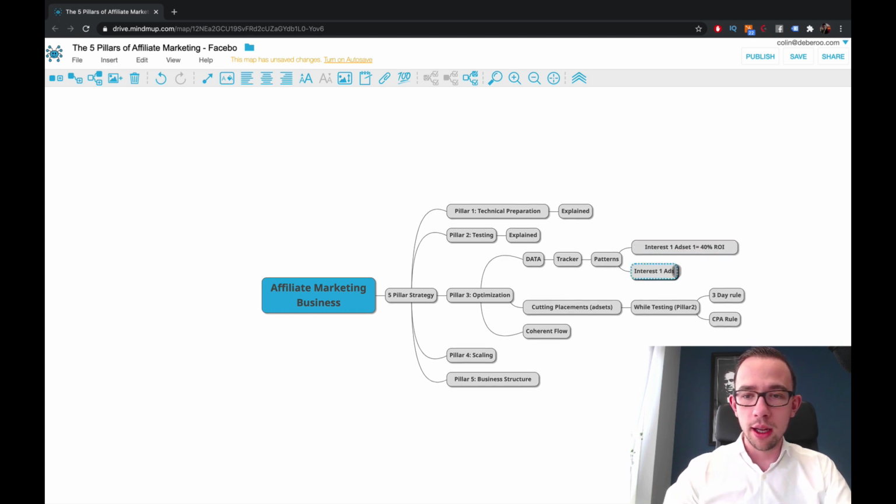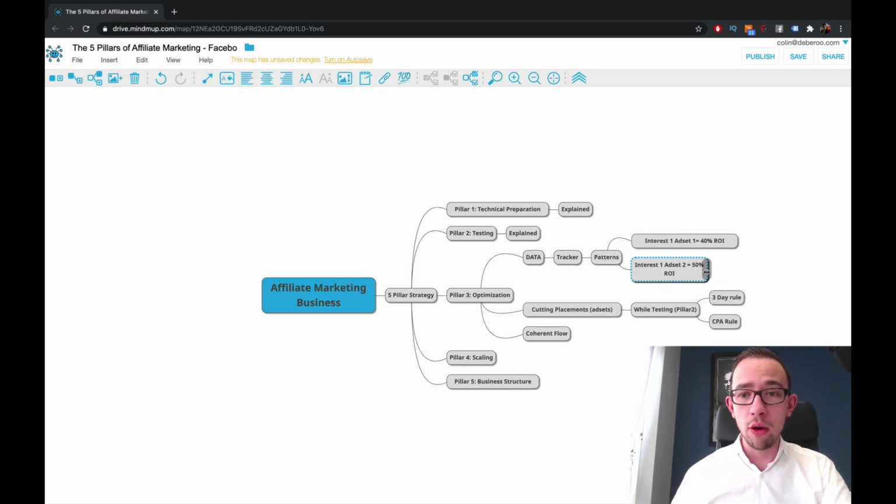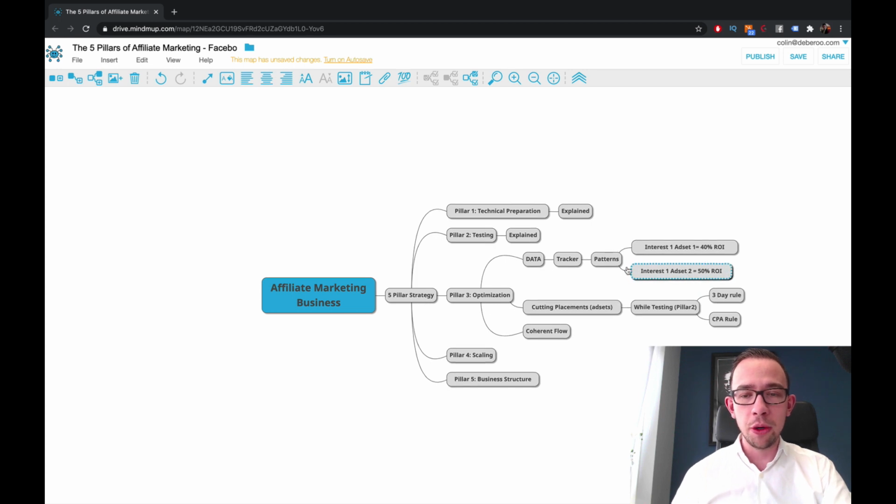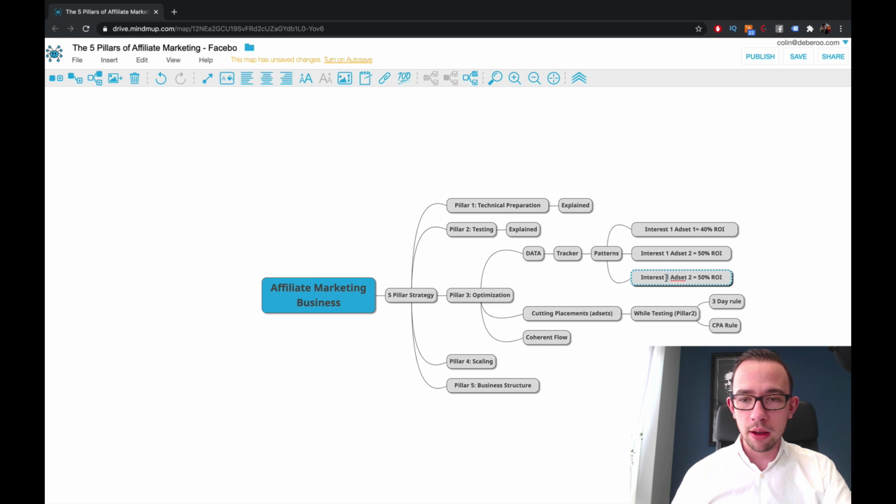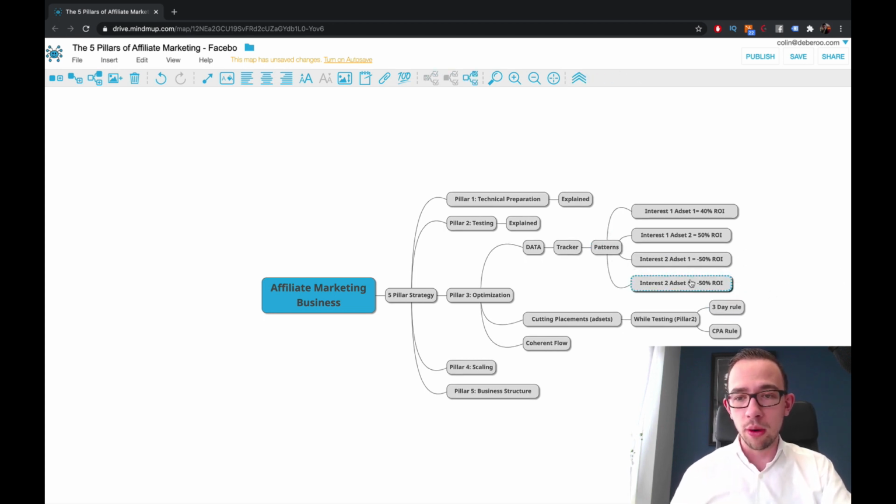Interest 1, ad set 2 is 50% ROI, right? So now you have 2 profitable ad sets, which are basically thanks to the first pillar. But interest 2, ad set 1 is minus 50%, and interest 2, ad set 2, because you're testing, is plus, let's say, 10%.